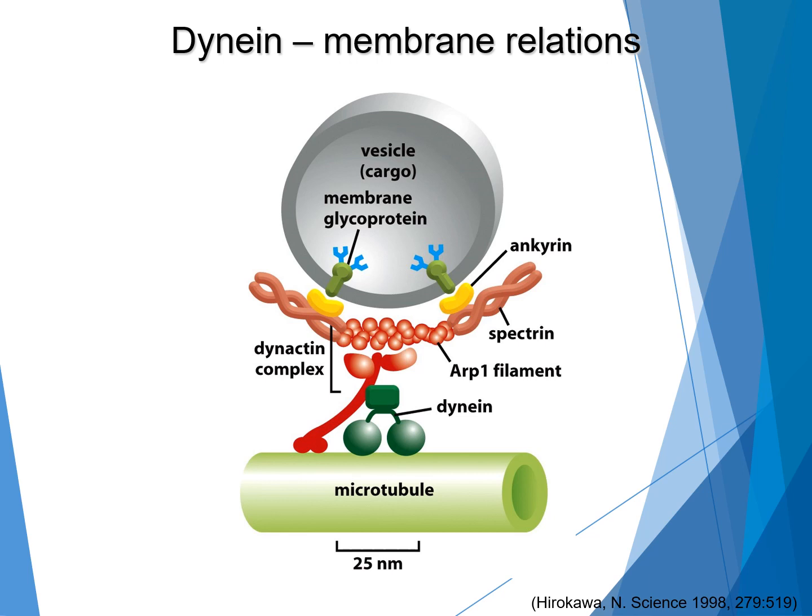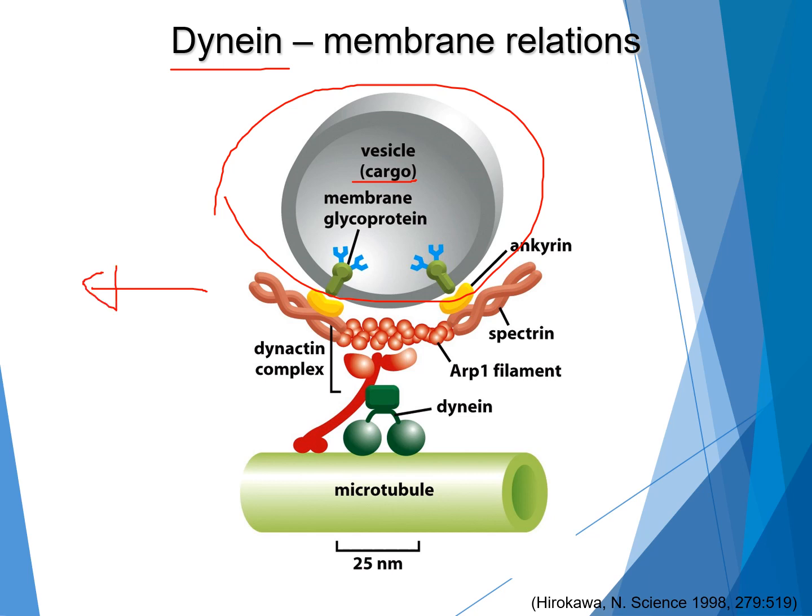All right, so just repetition, dynein is the motor protein and it's carrying the vesicle, or you can call it cargo, towards the minus end. Okay, that is the dynein.